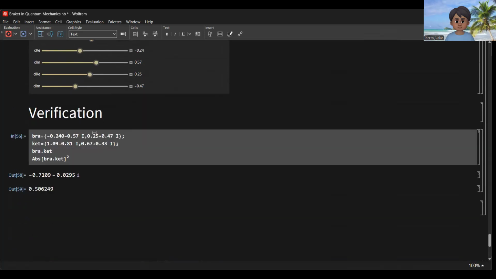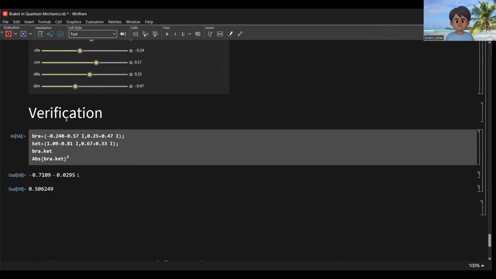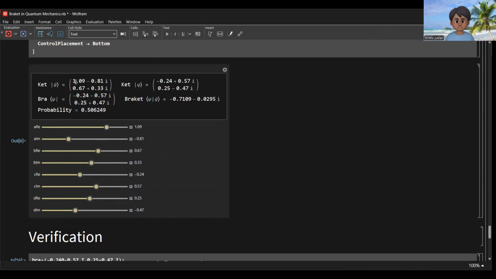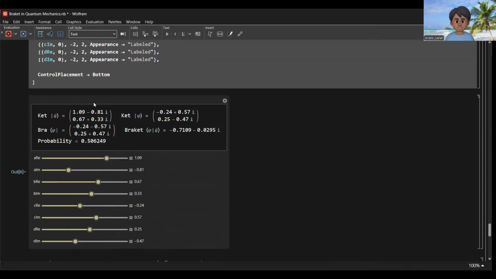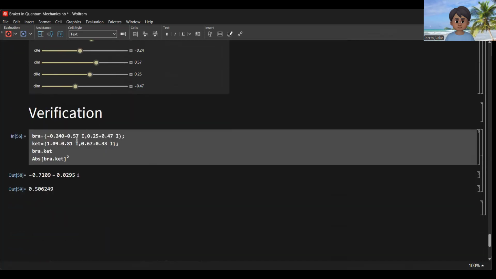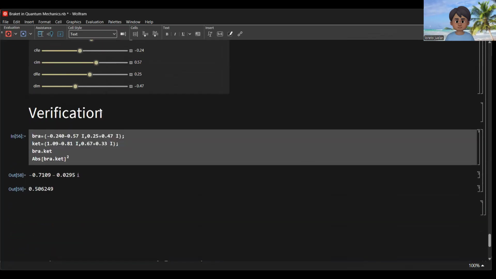So we have the ket here is 1.09 and negative 0.81i, and 0.67 plus 0.33i.